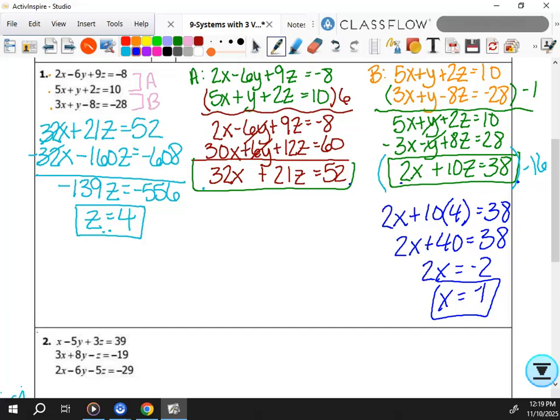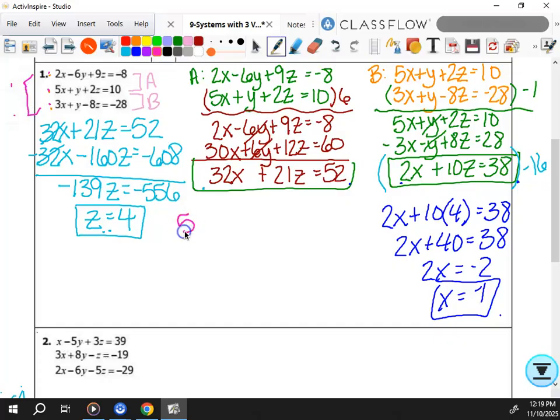Okay. So now I have my x and I have z. I need to figure out what y is, so I can substitute it into one of the original 3. Does not matter which one. Which one you want to use? 1, 2, or 3? 2? All right.